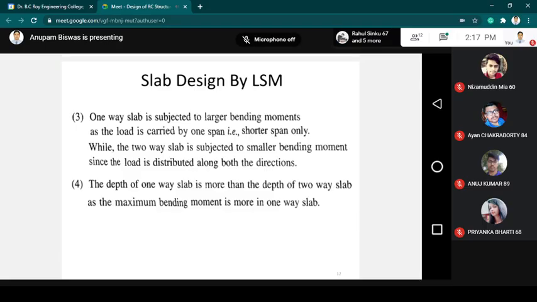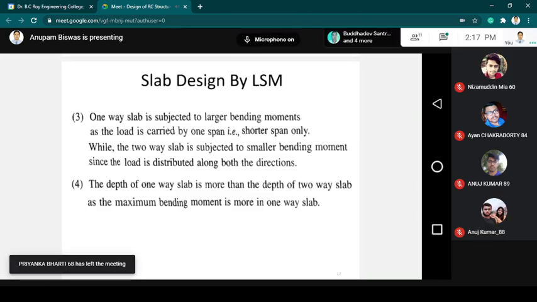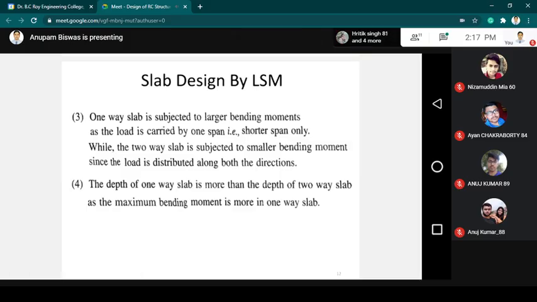So this is the advantage of the two-way slab. When the question is asked why the bending moment is smaller in a two-way slab compared to a one-way slab, the reason is the load distribution in both directions in the two-way slab. Because of that, we can have a smaller bending moment.